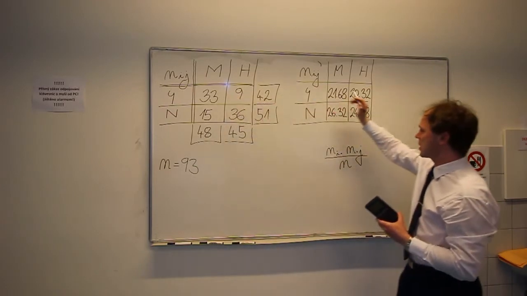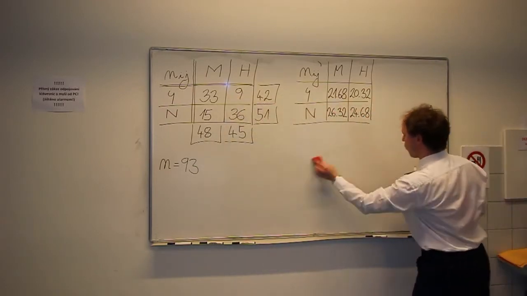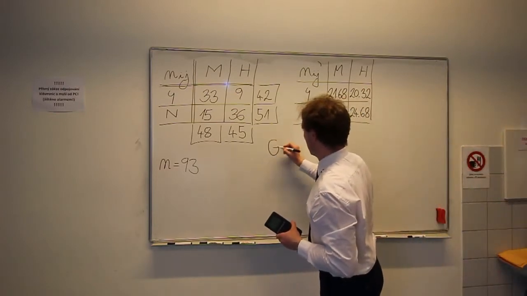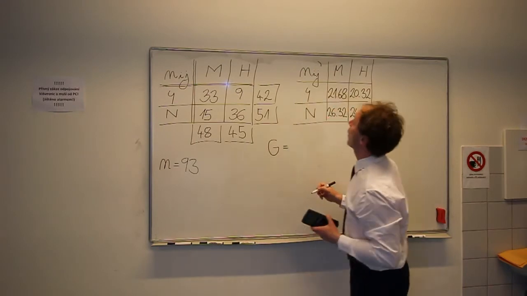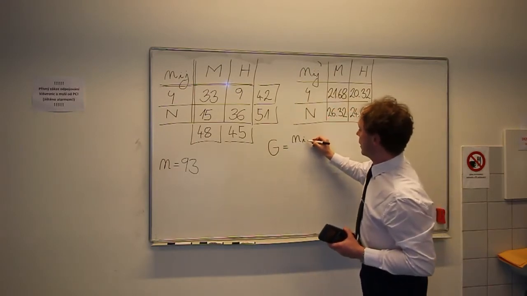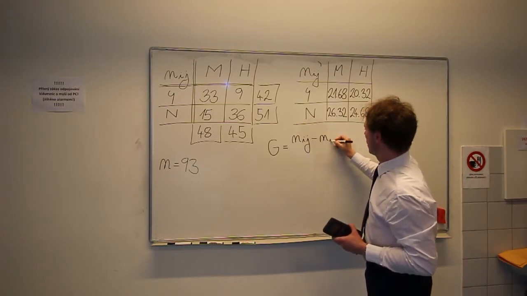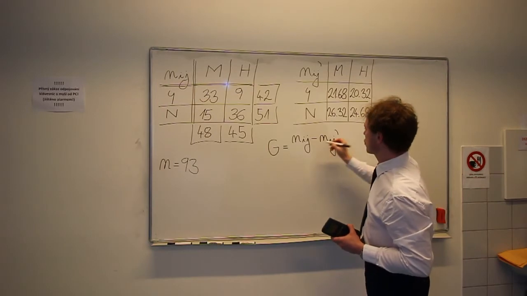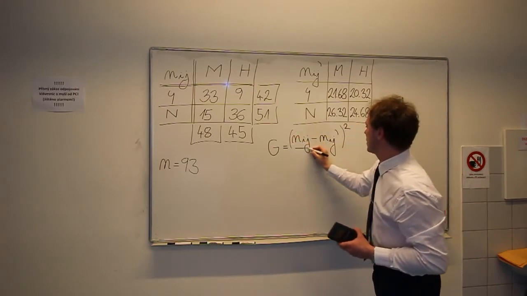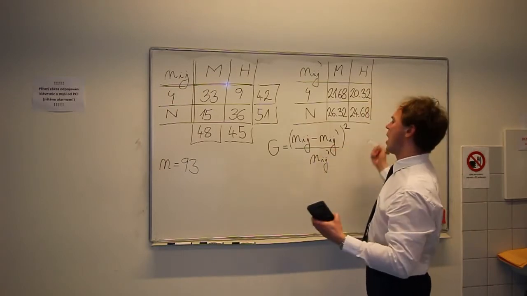Empirical frequencies, expected frequencies. The value of G will be calculated as n i j minus n i j with stripe, squared, divided by n i j with stripe.